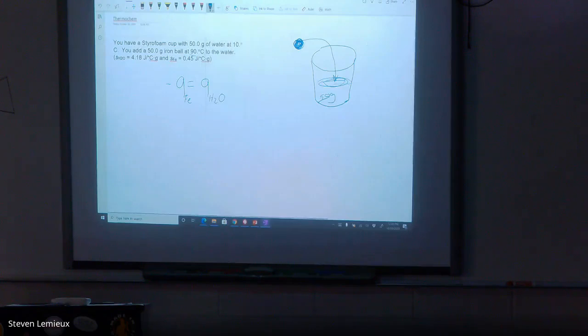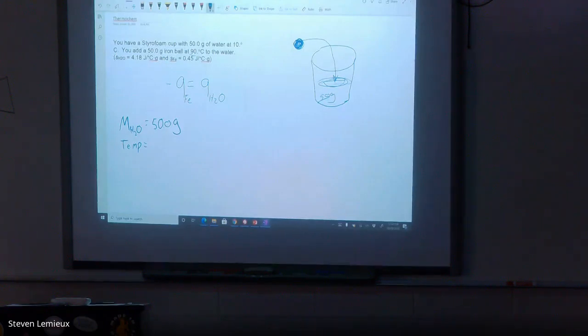So here's the things I know. The mass of water is equal to 50. The temperature of the water, this is temperature initial.